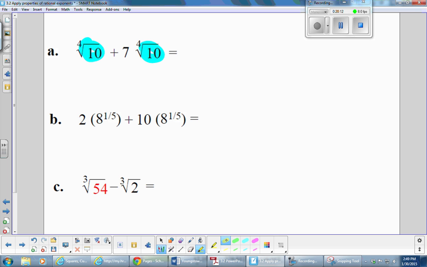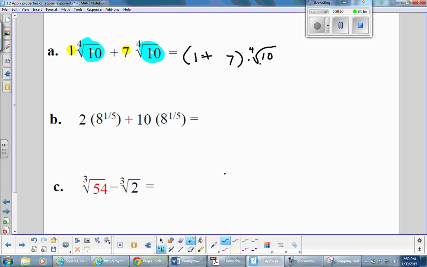Here, let me show you what I'm talking about. I can add this guy and whatever this guy is together. Well, what's this guy right here? A one, right? I'll put a one in there just so you can see it. It's not there, but you know it's there. So if you have one of these things in blue, and you're adding seven more of these things in blue, you can rewrite that as one plus seven times the fourth root of 10.